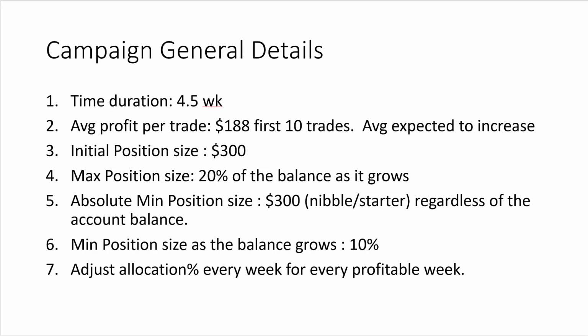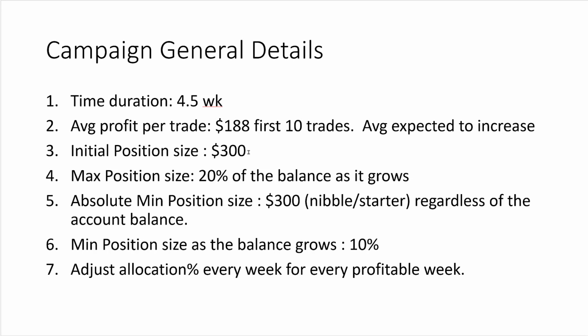Our performance should tell us that on the first 10 trades or so, we'll get an average profit per trade of around $188, and that will increase week per week.